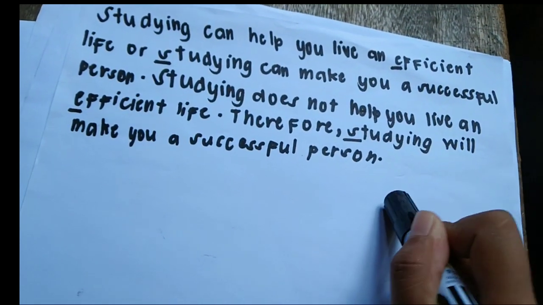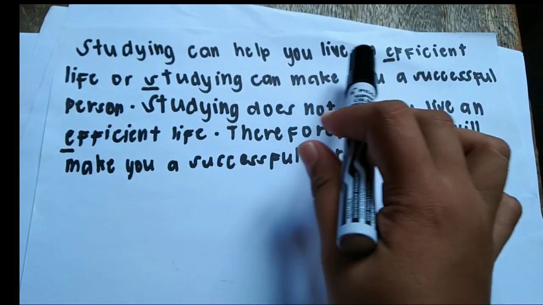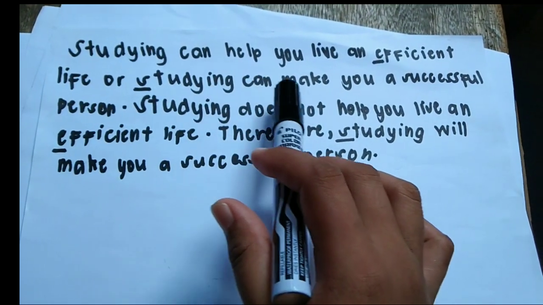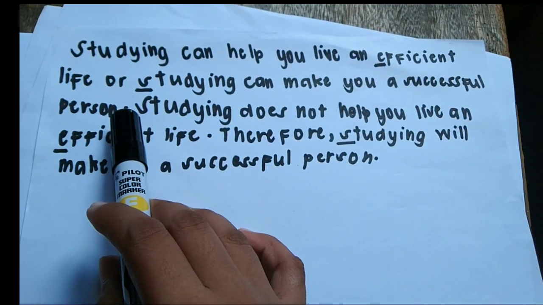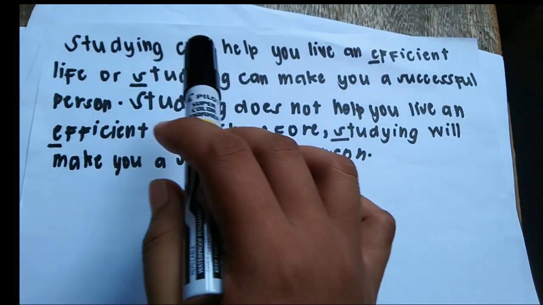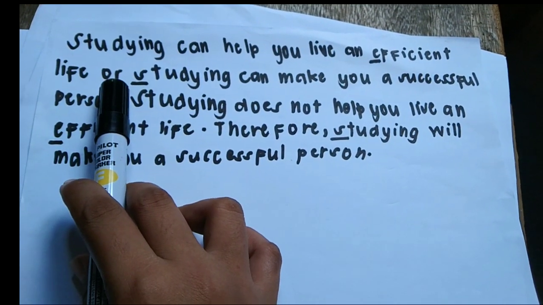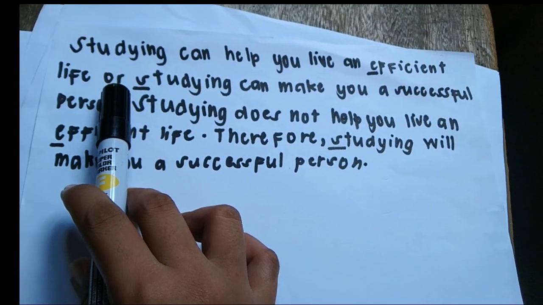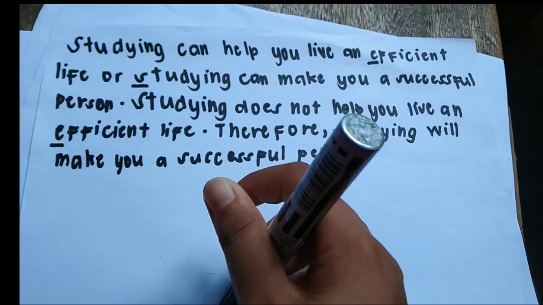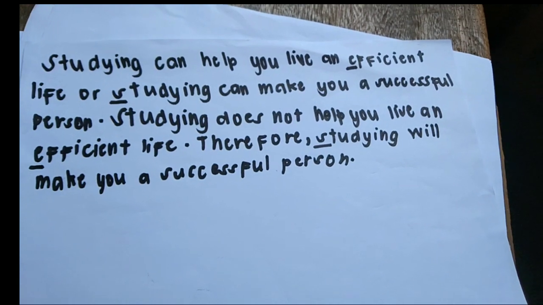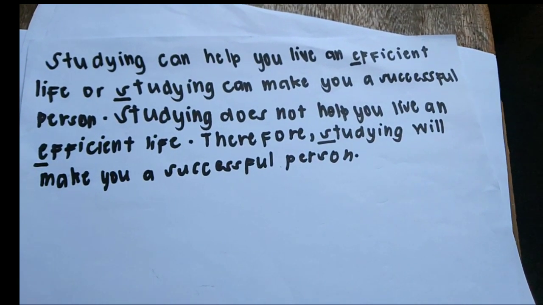So, the first is: studying can help you live an efficient life or studying can make you a successful person. As we read this statement, we have here the "or," which has the symbol letter V. If it is an upside down V, then it is "and."